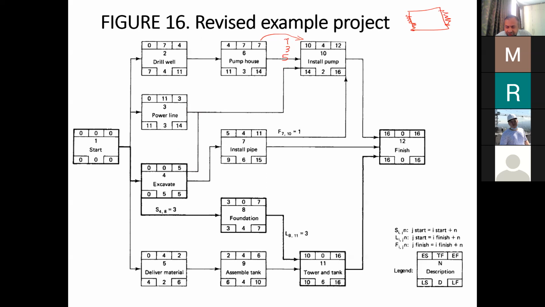But before deciding about this, we have to take care of this finish as well. So for this finish, what are the options over here? We have 11 plus 1 is 12. Now remember that when we are performing the forward pass calculations, there is a small tip: we have to take care of these arrows as well.